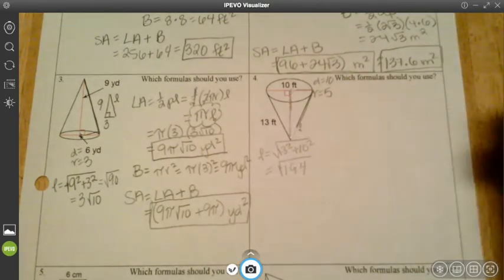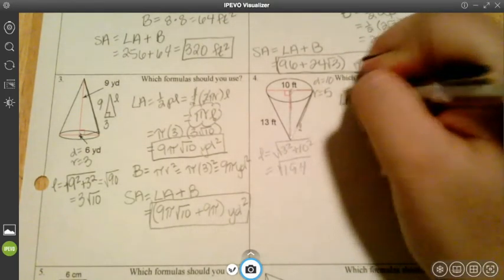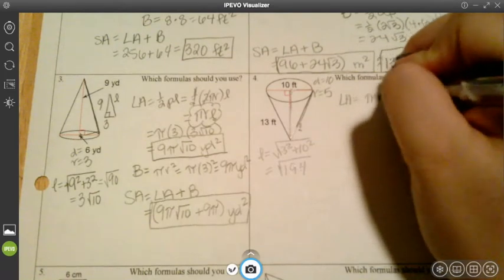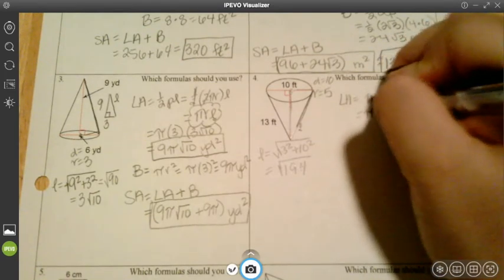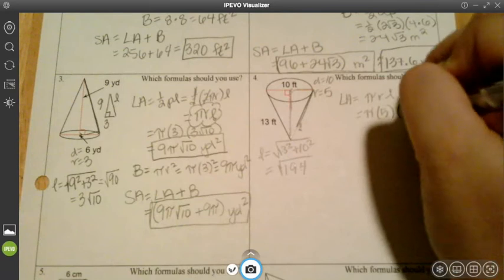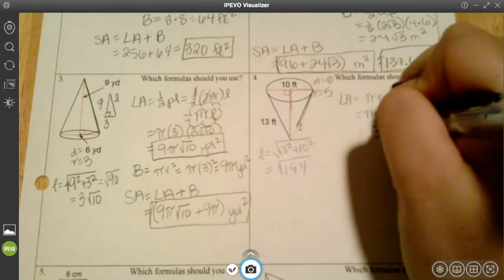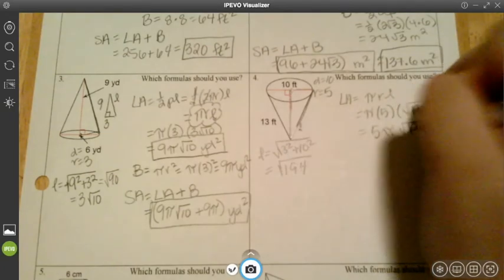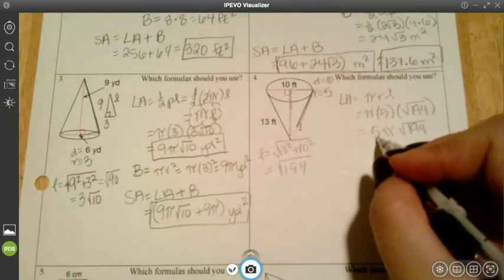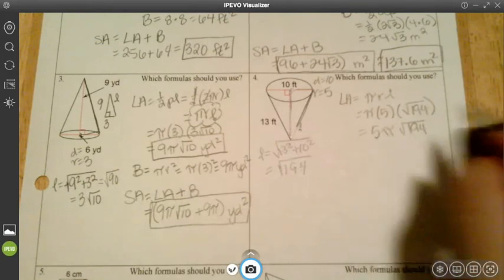Doesn't simplify. So lateral area equals pi RL. Radius is 5. Slant height is square root of 194. Can't simplify that. 5 times pi times the square root of 194. We usually put pi after our numbers, so we'll put number, pi, square root very last.